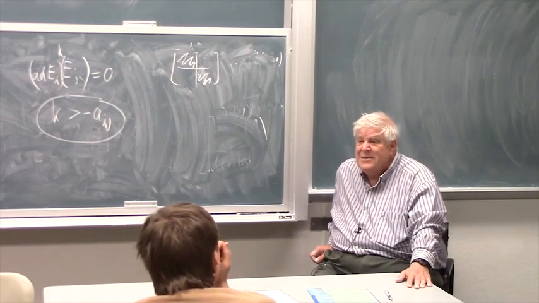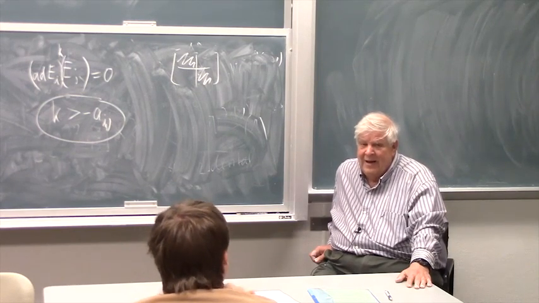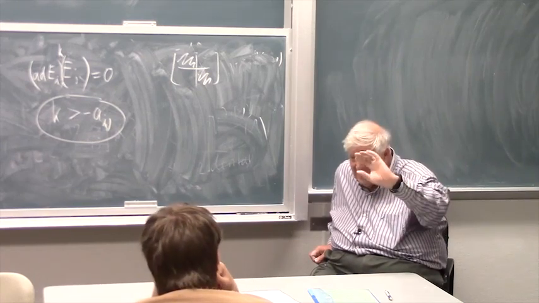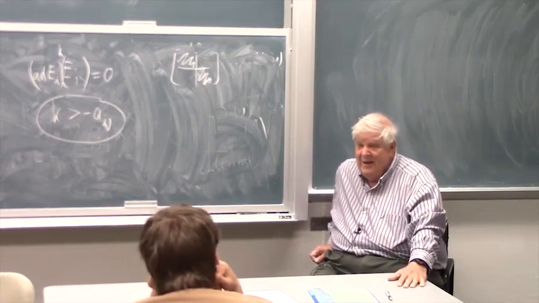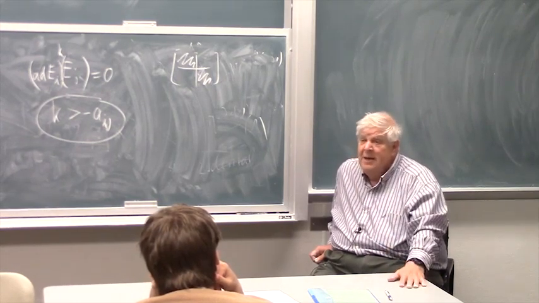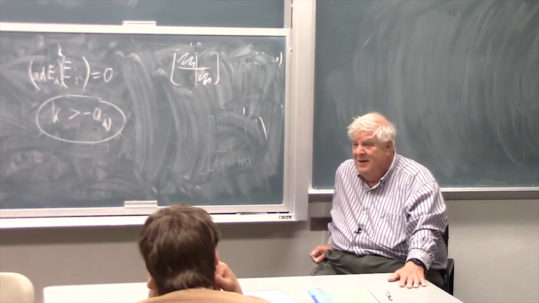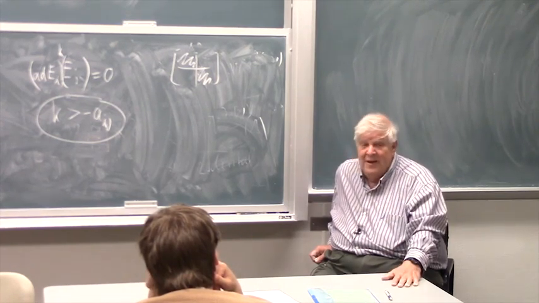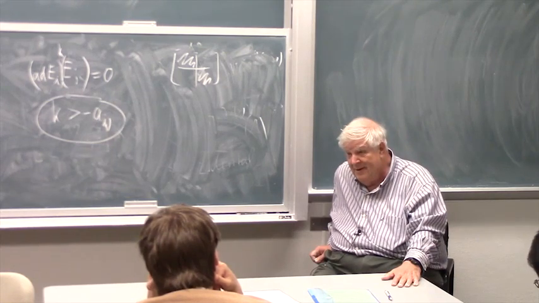Now, not positive definite. Can it be sort of close to positive, almost positive definite, but still not positive definite? Yes, this should mean that this symmetric matrix has all the eigenvalues positive except one, and this one is 0.